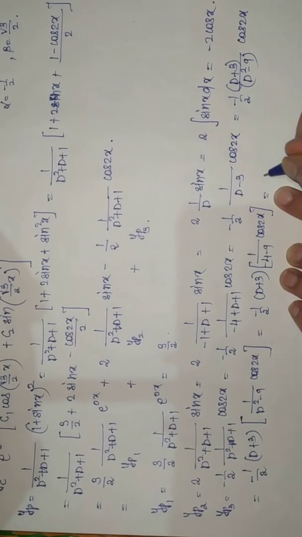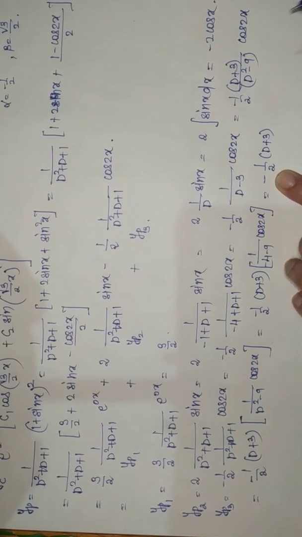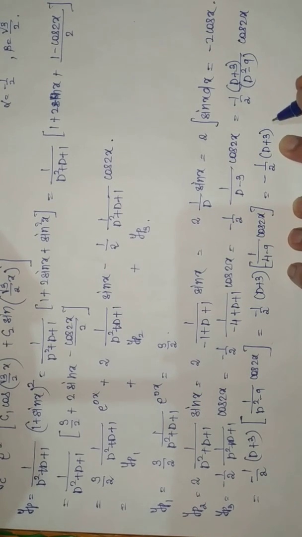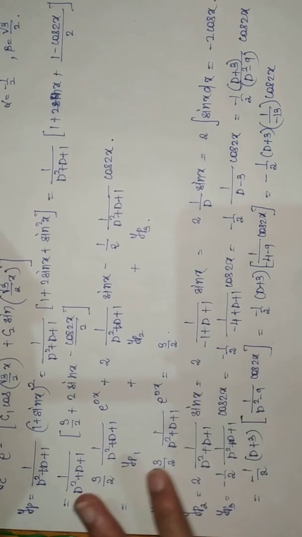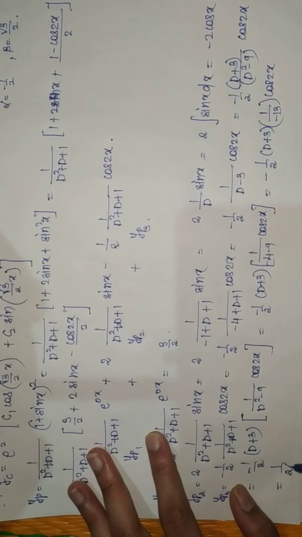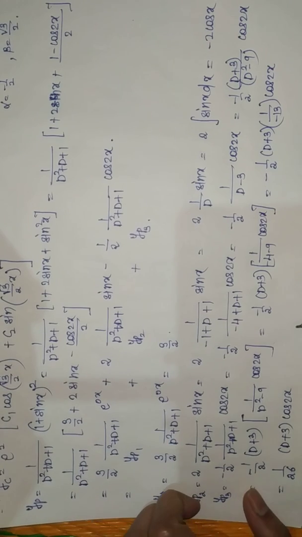So this is equivalent to D plus 3 over minus 13 cos 2x. Minus 13 we can take outside, which will give us 1 by 26 D plus 3 over cos 2x.